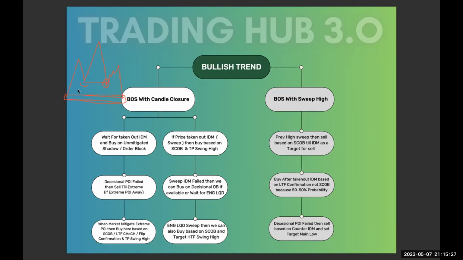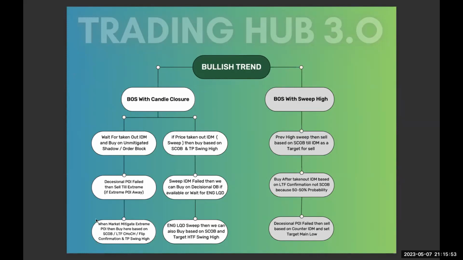And you can buy here, if an order block is available here. If there is no unmitigated order block, then you have to wait to mitigate your extreme order block or take out the engineering liquidity, and then you can buy here, right? So these are applicable in both scenarios, candle closure and sweep the inducement.